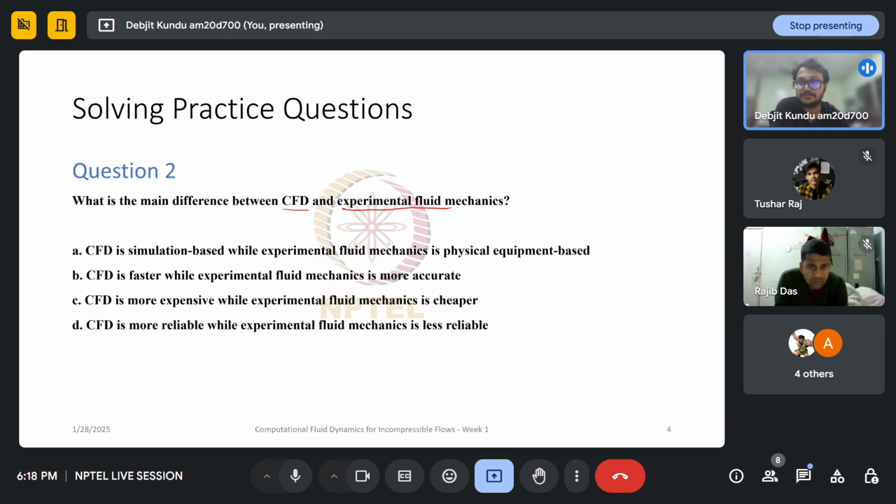Option B, CFD is faster while experimental fluid mechanics is more accurate. Option C, CFD is more expensive while experimental fluid mechanics is cheaper. Option D, CFD is more reliable while experimental fluid mechanics is less reliable. Which one should it be?